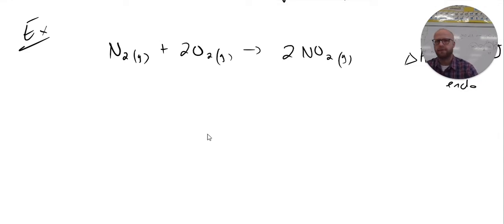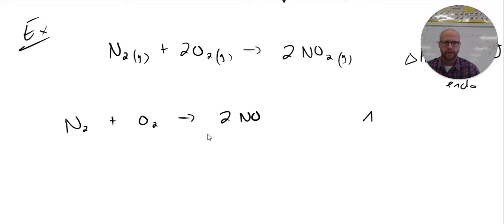What if this happens first: nitrogen reacts with a mole of oxygen to produce 2 moles of nitrogen monoxide. This is reaction 1, with delta H2 equal to 180 kilojoules.